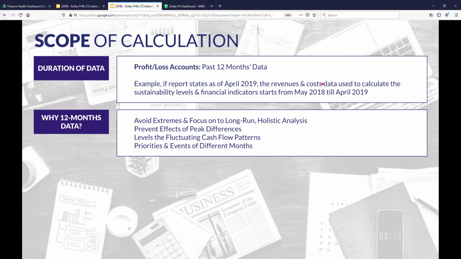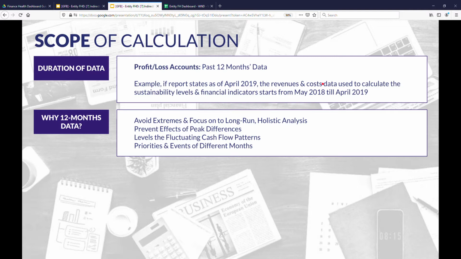Now, the scope of the calculation is that the duration of the data, the profit and loss accounts, is based on 12 months, because the indirect exchange cost will only be applied to sustainability levels, because indirect costs are always fluctuating.